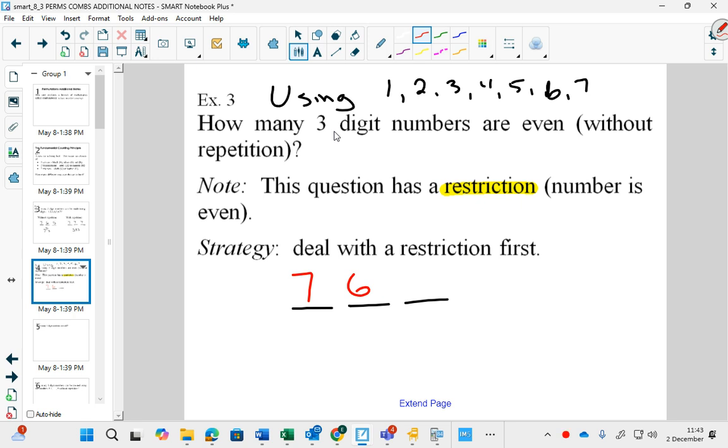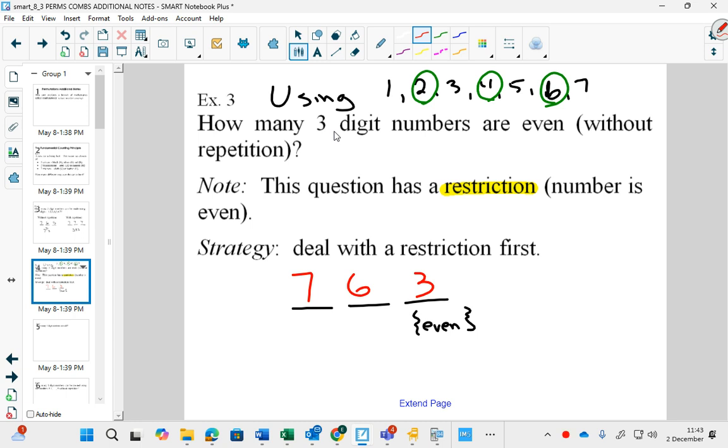But when I get to the last one and it says that the number is supposed to be even, how many choices do I have there? Well, I look through the numbers 1 to 7. Does it make sense that if it's an even number, you're going to end with either the 2, the 4, or the 6? So does it make sense that I use 3 choices there? So where's the problem?